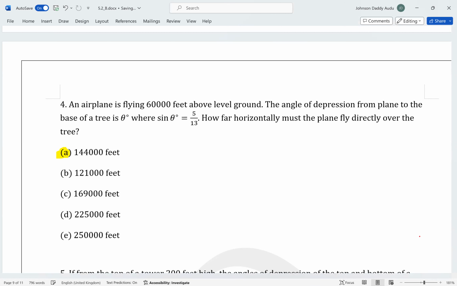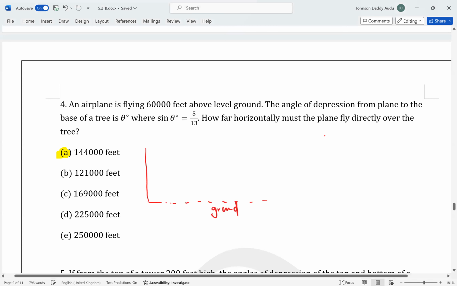So similar to what we've done before, let's assume that this is the ground level. This is the ground. So you have the height, the distance is 60,000 feet, right?